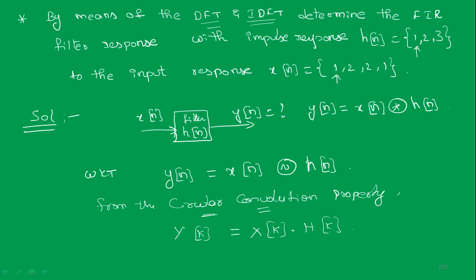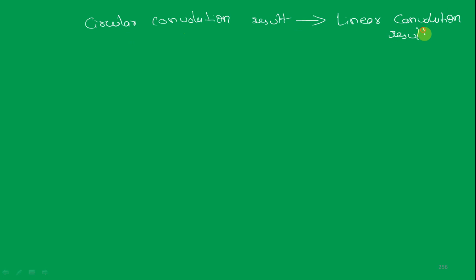Okay, that means here, see, the circular convolution result obtained should be equal to the linear convolution result.